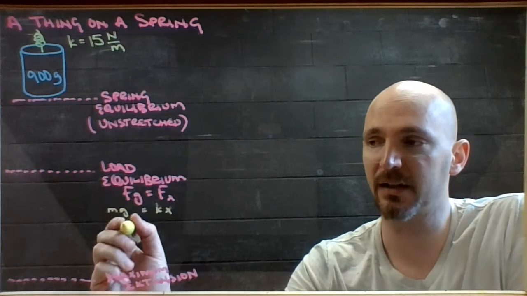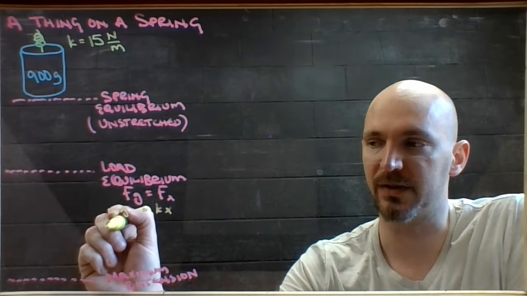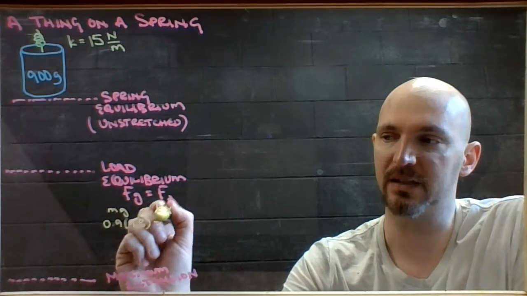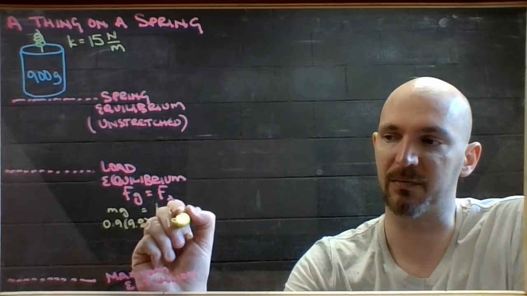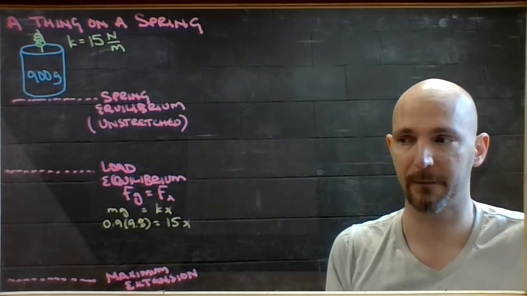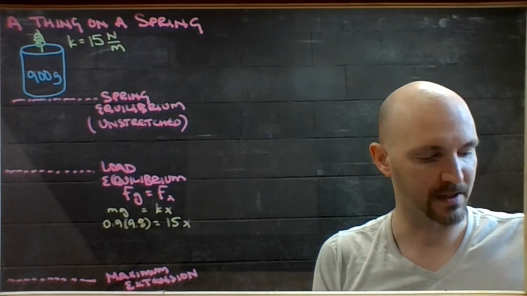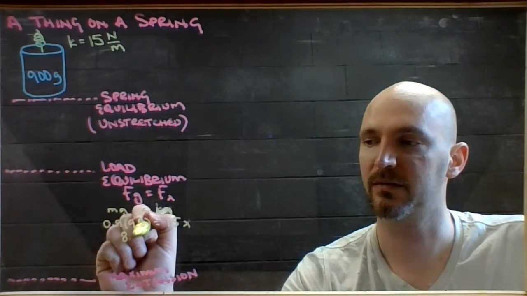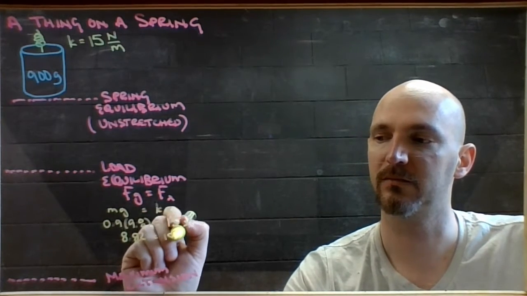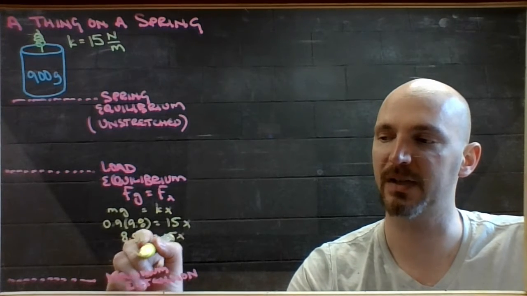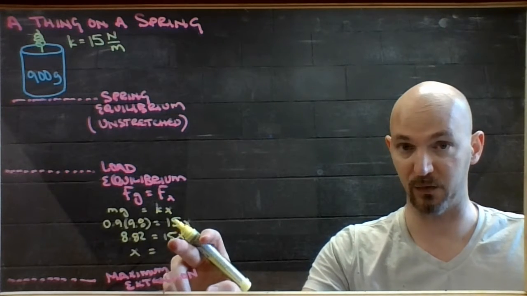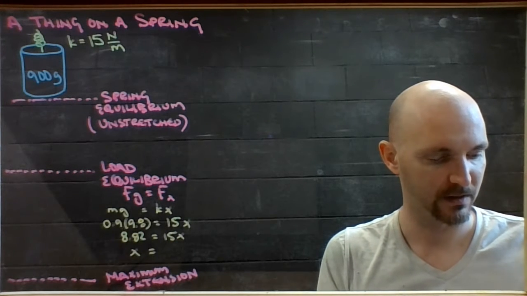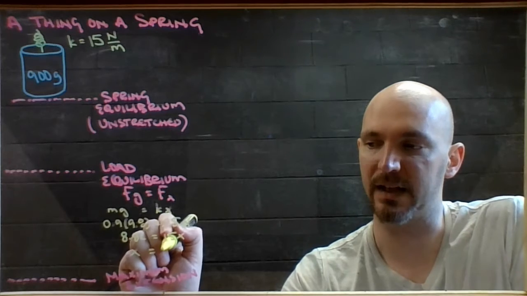So the mass is 900 grams, 0.9 kilograms, 9.8 for g. k is 15 newtons per meter, and x is unknown. 0.9 times 9.8 gives me 8.82. If I divide both sides by 15, then 8.82 divided by 15 gives me 0.588 meters.